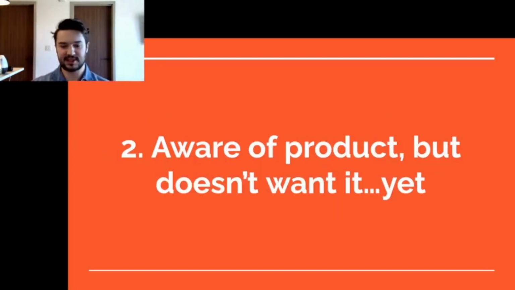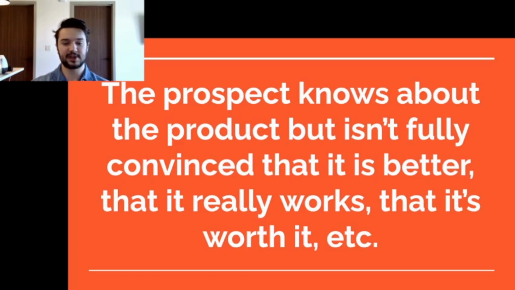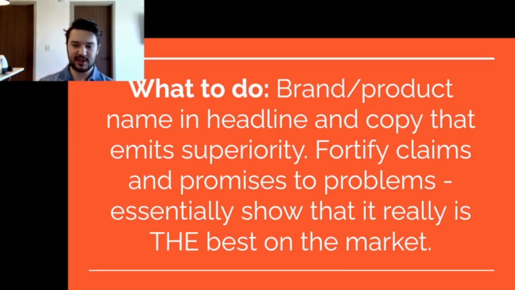Number 2, the second stage, is that they're aware of the product, but they don't really know whether they want it yet. So the prospect knows about the product, but isn't fully convinced that this is the one to get, this is the brand to buy, that it really works, that it's worth the money, right? I mean, you're in that stage of deciding whether it's worth it or not. So what to do in that situation?